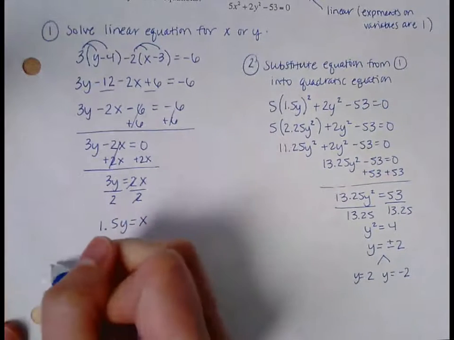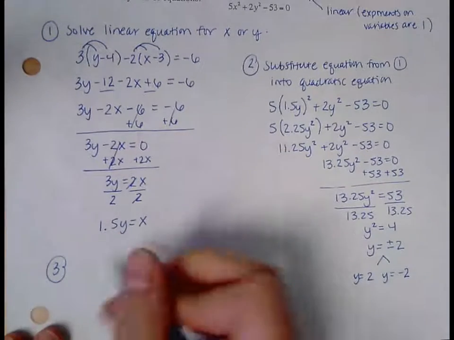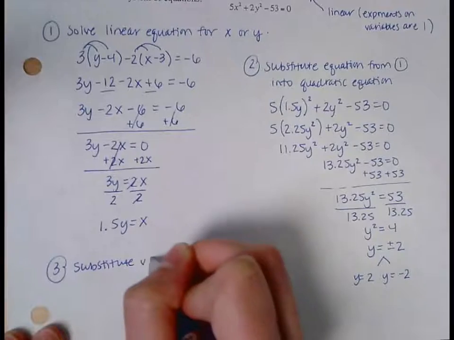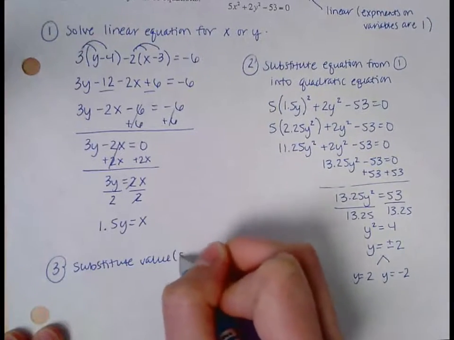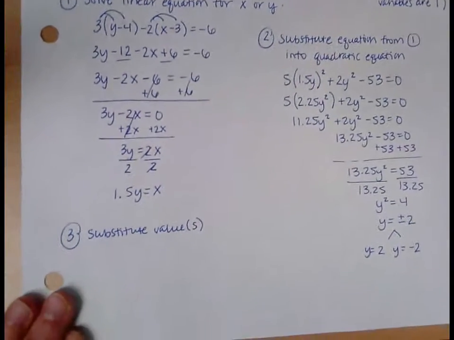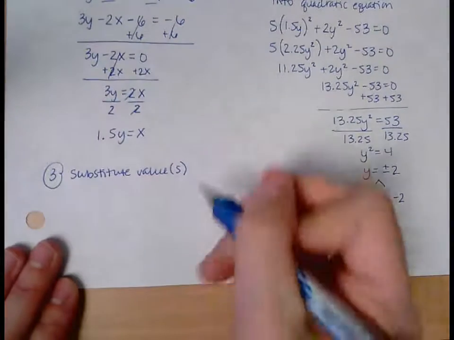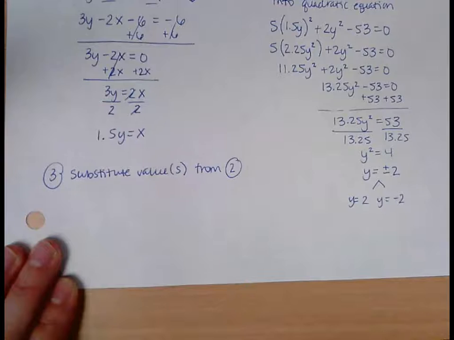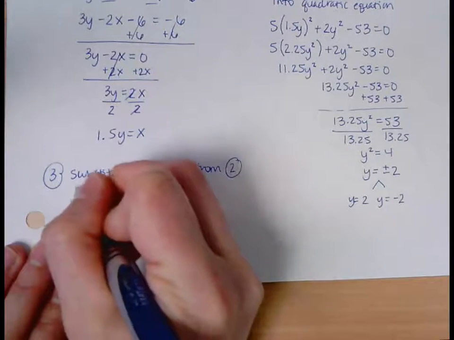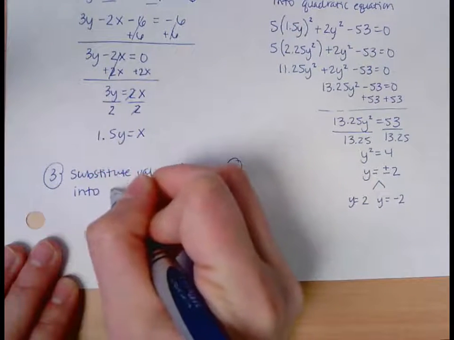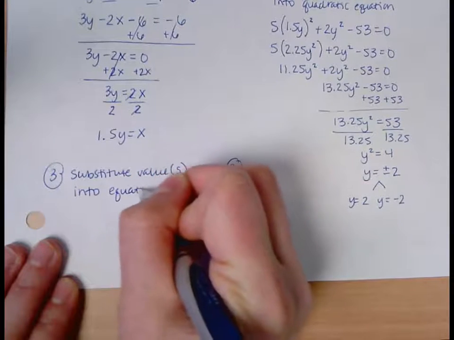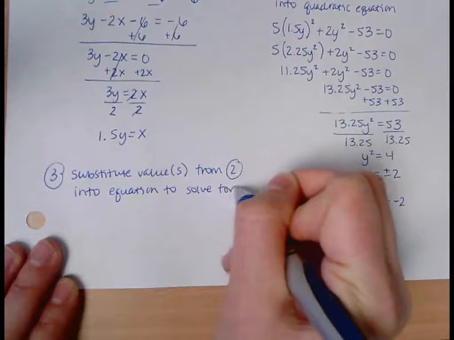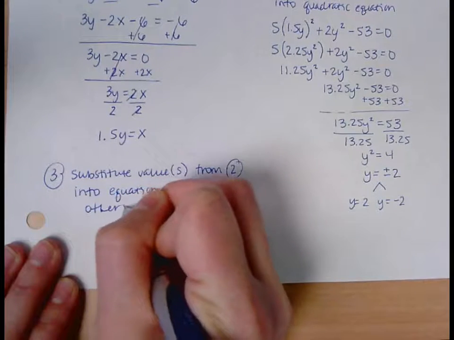Okay, so step 3, I'll just make a note here, is to substitute your value or values. In this case, we do have more than one, but substitute your values from step 2 into an equation to solve for the other variable.